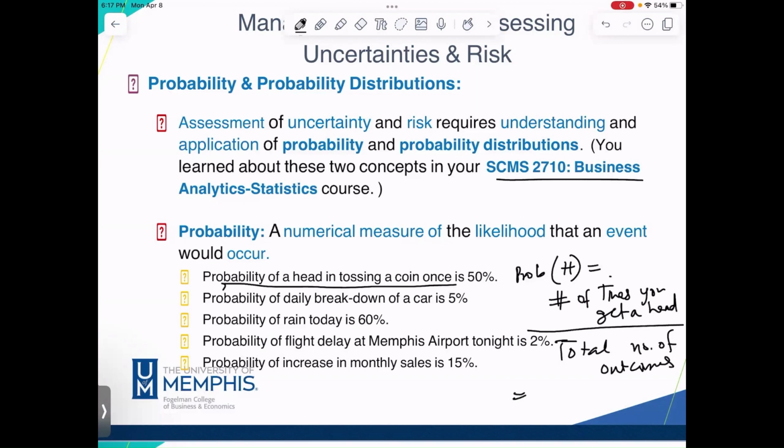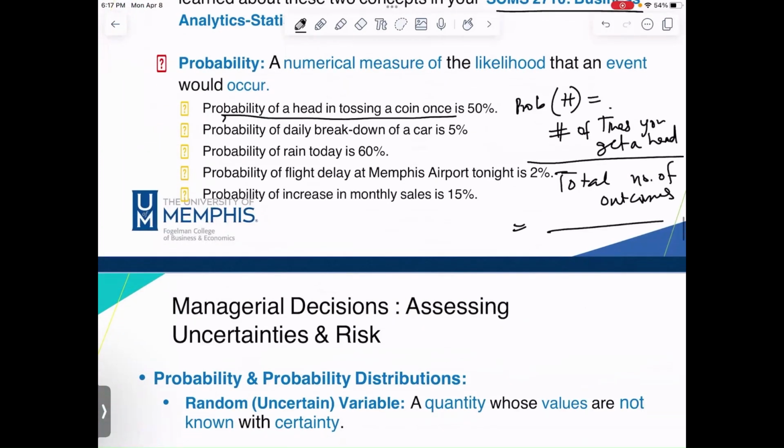So what is the total number of outcomes? The total number of possibilities. If you're tossing a coin, there are really two possibilities: either it's a head or it's a tail, which means the total number of outcomes is 2. And out of those, how many ways can you get a head? That's 1, right? So this is a 50% probability of getting a head if you're tossing a coin.